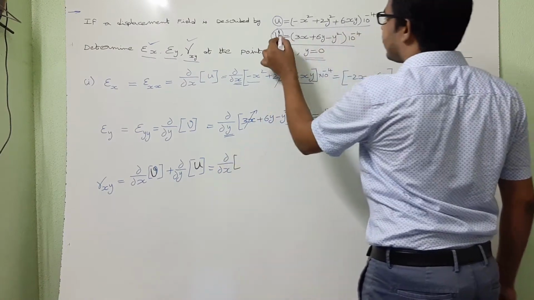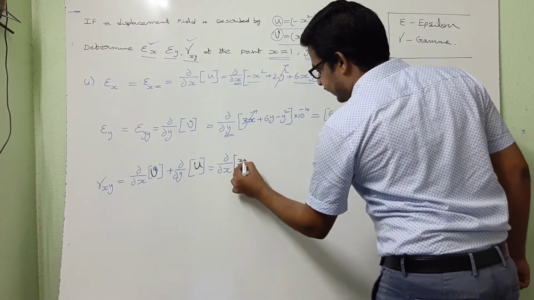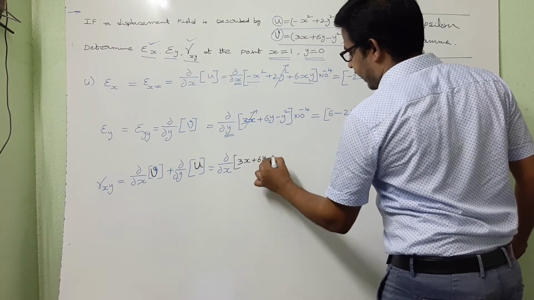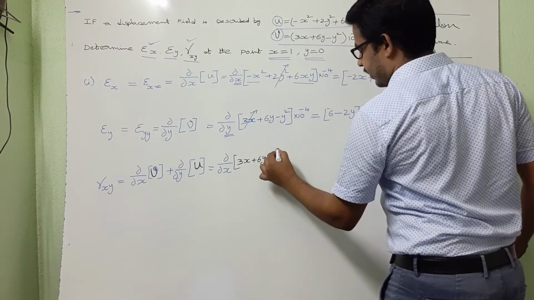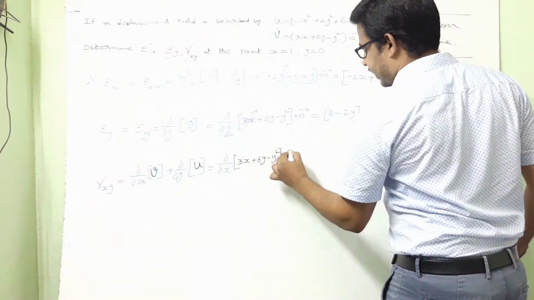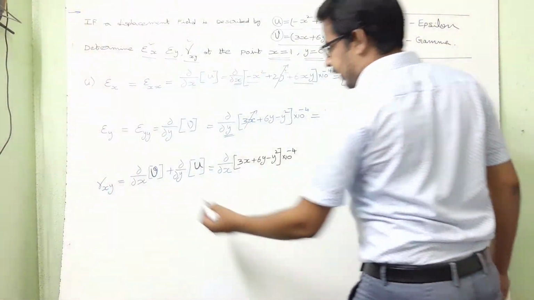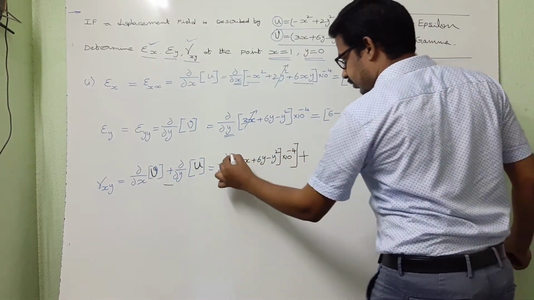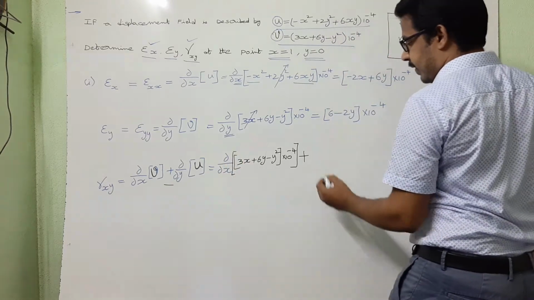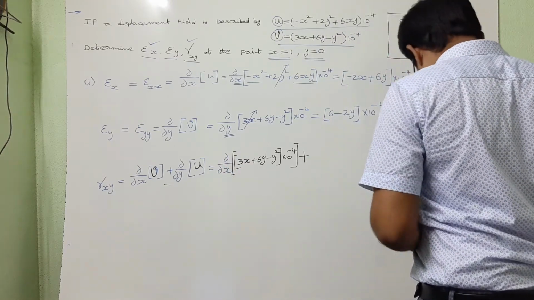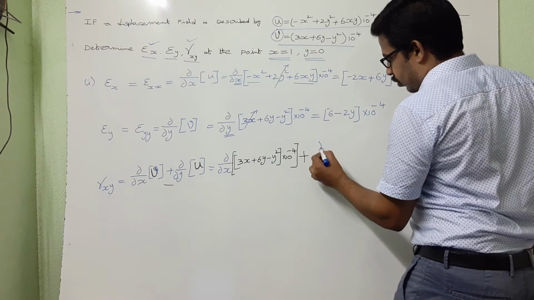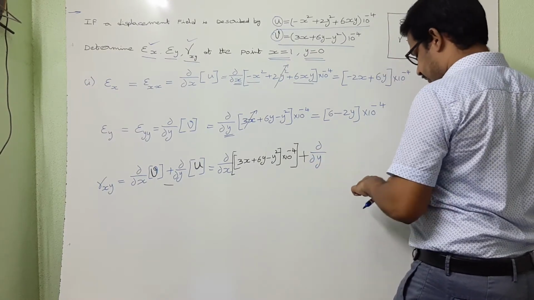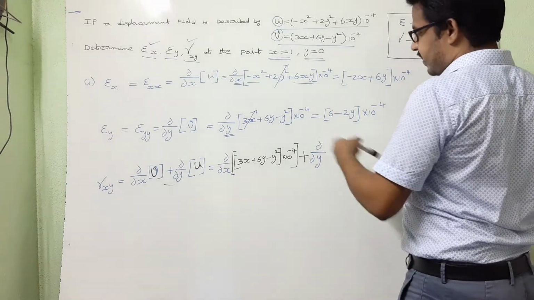So here v value is 3x plus 6y minus y square into 10 power minus 4, plus dou by dou y of u.